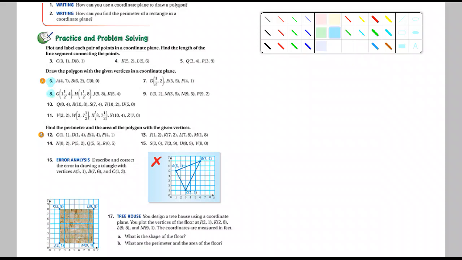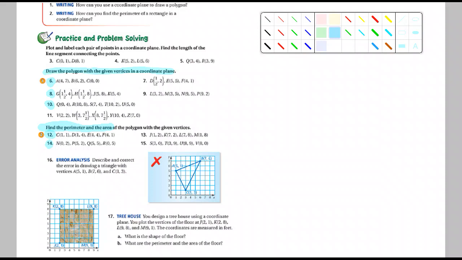And 8 and 10 and 12 and 14. Now, in 12 and 14, it says find the perimeter and the area. So make sure you do that. In 6, 7, and 8 here, all you're doing is drawing it. It's not asking for the area.